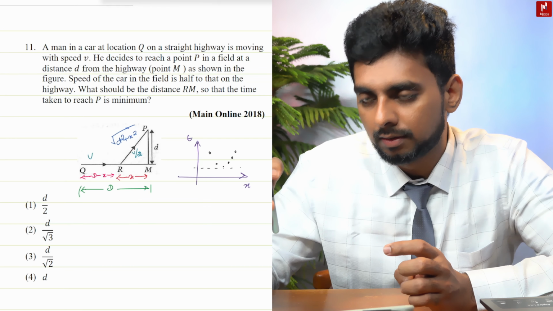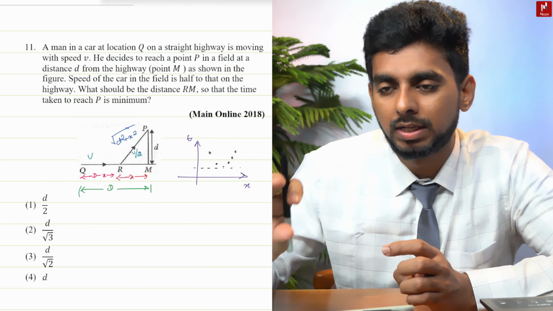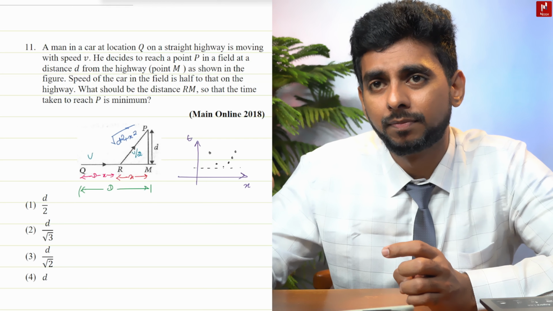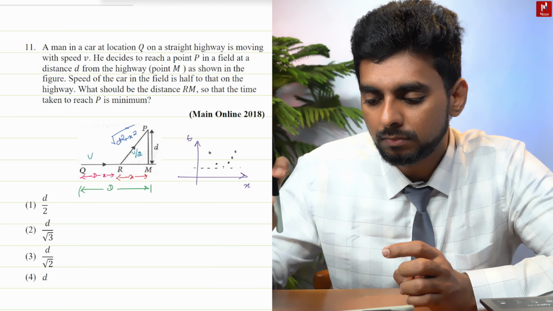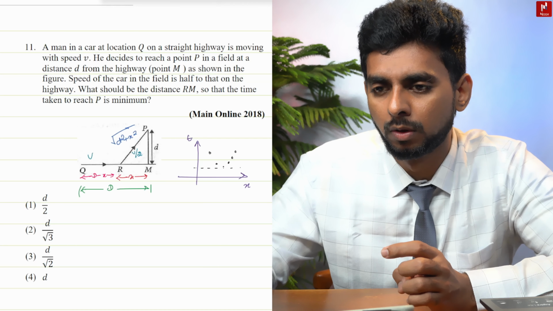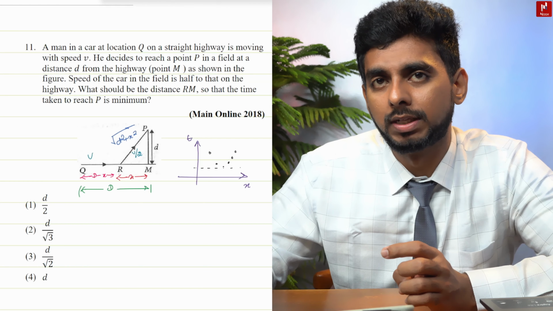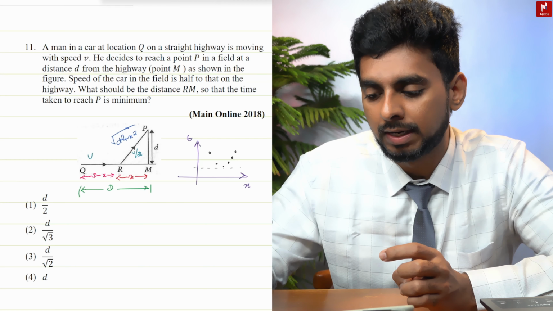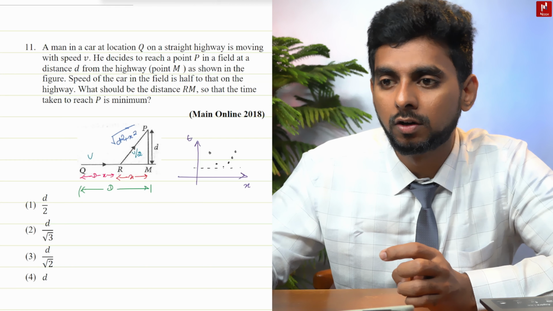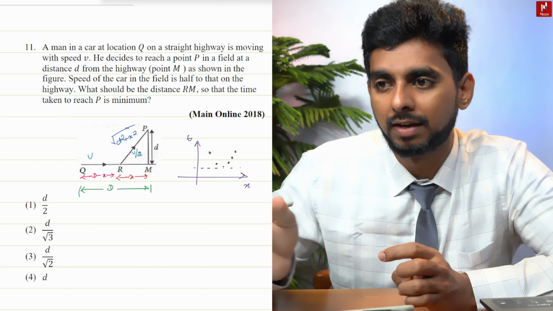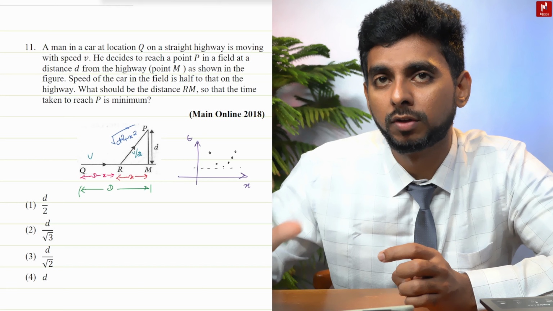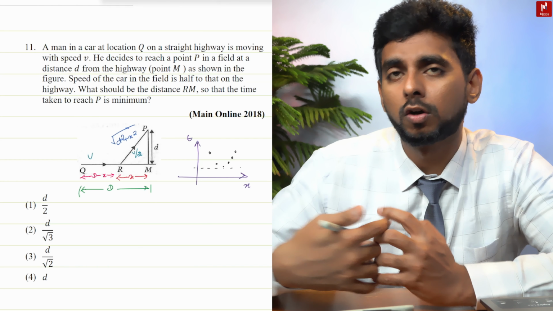Velocity equals distance divided by time, so time should be equal to distance divided by velocity. In the numerator I need the distance, either D minus x or the square root of d squared plus x squared, depending on the farm field or the highway. In the denominator I put the velocity. That will give me the time.